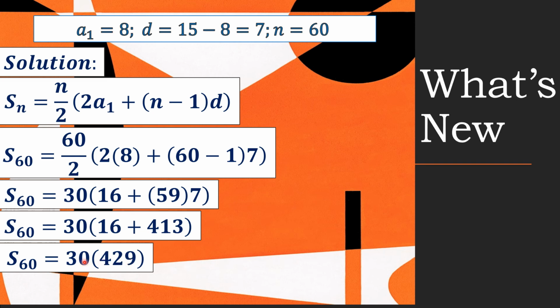And 429 times 30, that is equal to 12,870. So within 60 days, there will be 12,870 patients that will become positive from COVID-19 if the pattern will continue within 60 days of the ECQ.